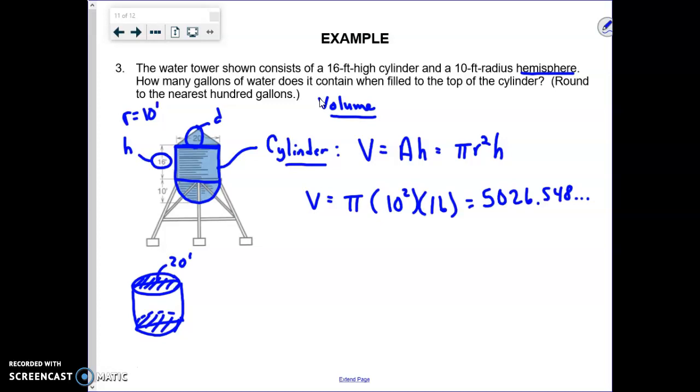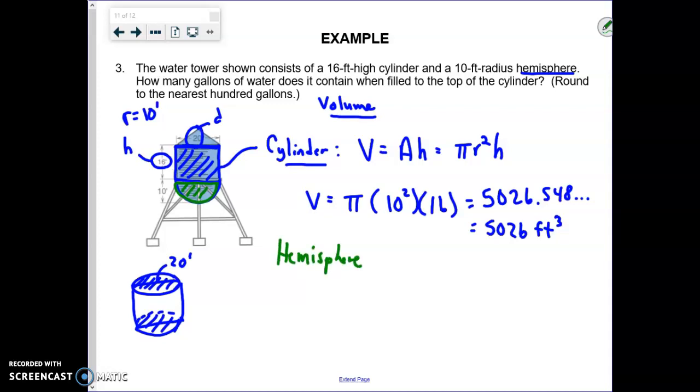We don't have to go too much further because remember, we're going to round to the nearest 100 gallons. So really, I can just put down 5,026 if I like. And again, that would be cubic feet. That's how much is filling this cylinder right here. Now, let's find out how much fills half this sphere down here. So this is what we're going to find next. So what we're going to do is find the volume of the hemisphere.